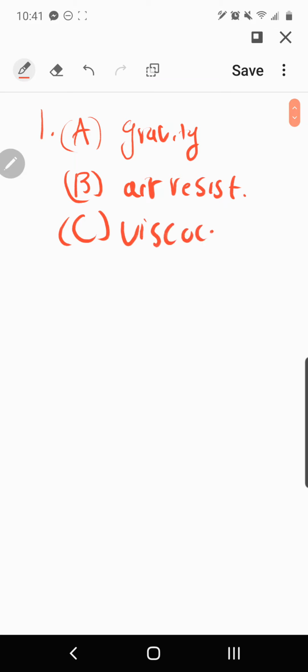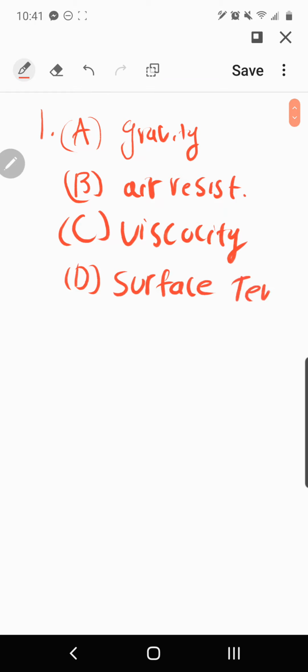We also have air resistance, viscosity, and surface tension. One of those multiple choice problems. Now, what do we think the answer is going to be?